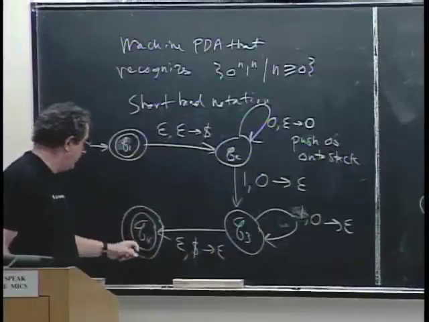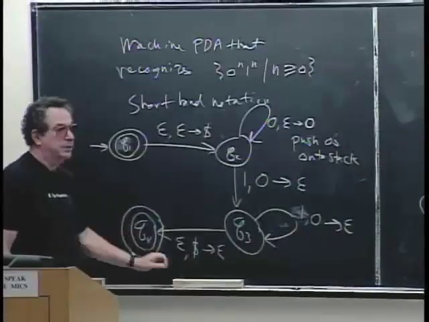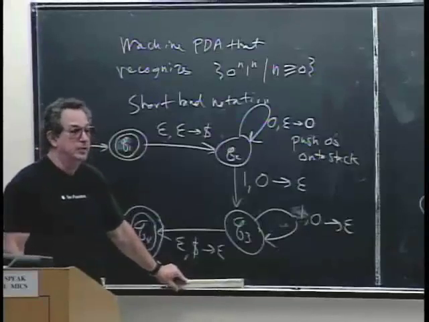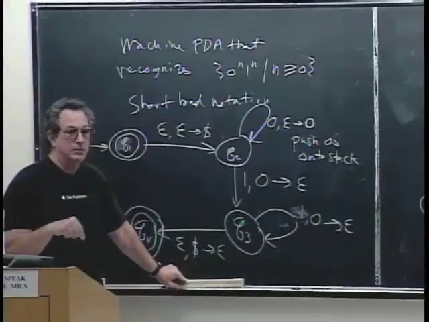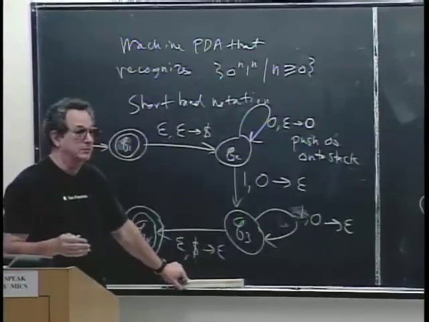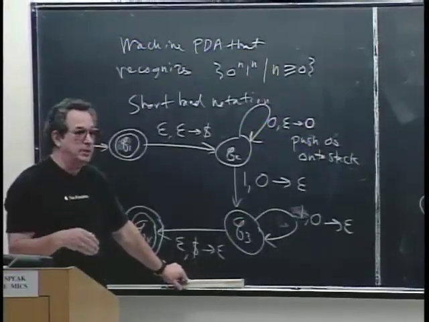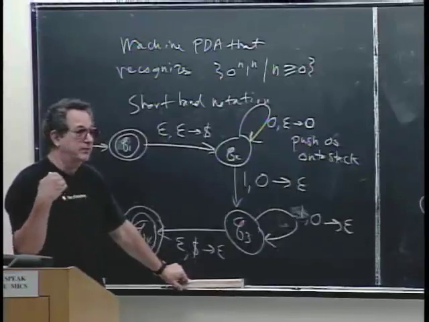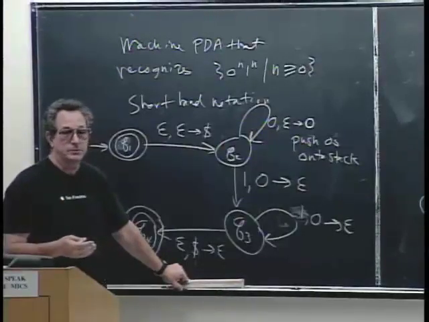Now, is this really an accepting computation? Well, it's just like a DFA or an NFA. If you're in an accept state, you end up accepting if you've consumed the entire input. You could be in an accept state and not accept, in fact, you'll reject, if the input string is not fully consumed.